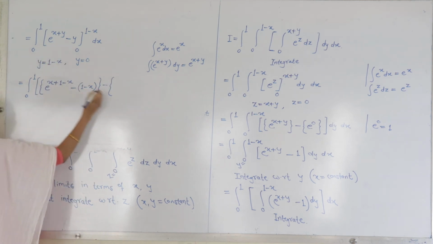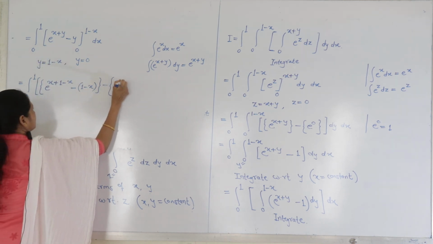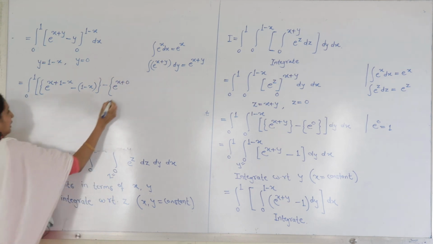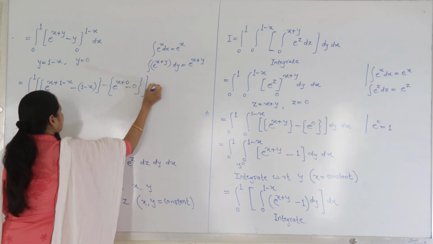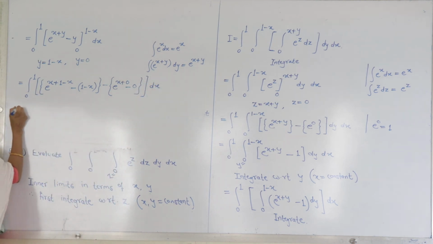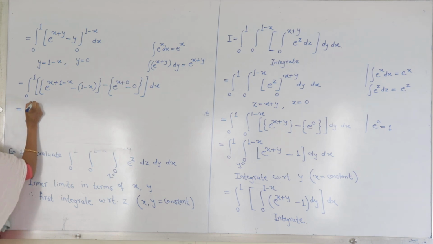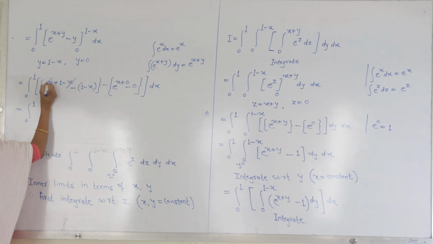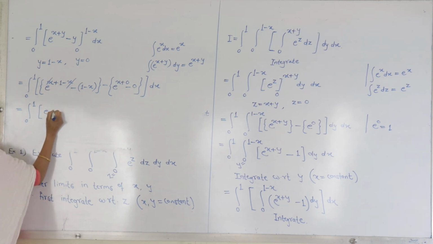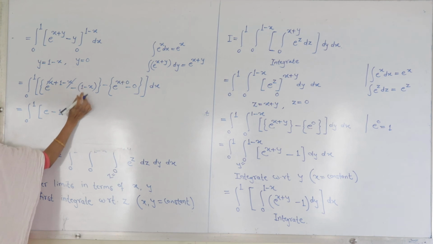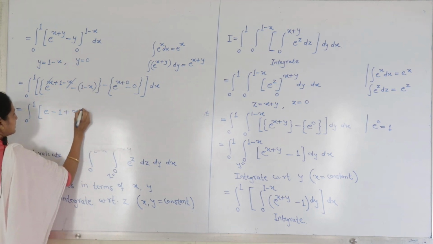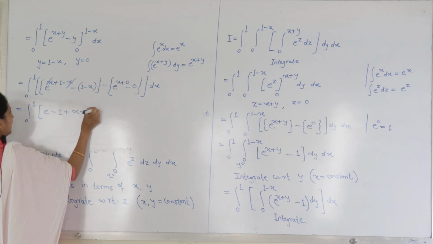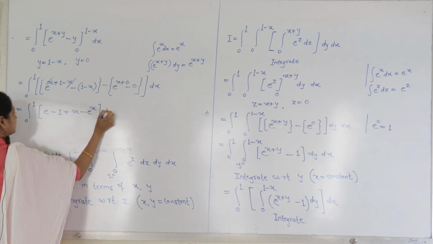Y is equal to 0, e raised to x plus y, but y is 0, minus y is 0, bracket complete, and then dx. 0 to 1. This x and x cancel. E raised to 1 means e, minus 1, plus x, minus e raised to x, and dx.